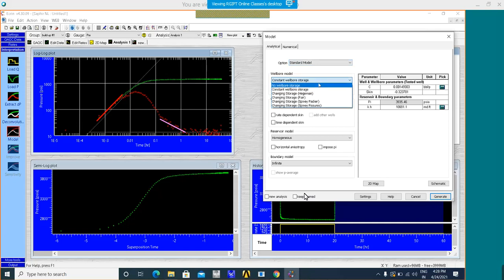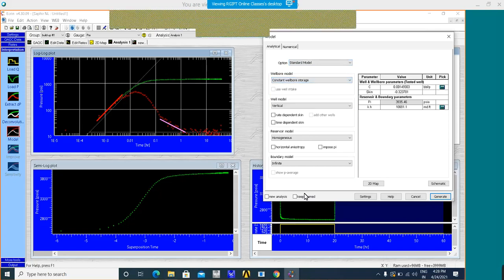Because there is some wellbore storage here, I have not actually deconvolved the data, so there is no need for deconvolution here.